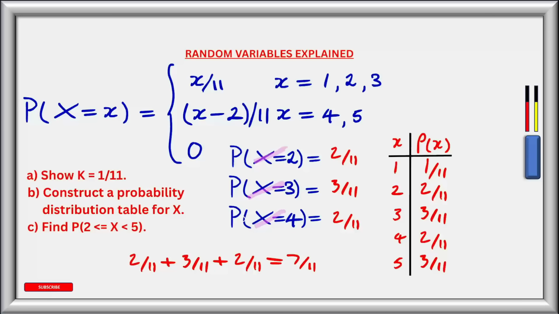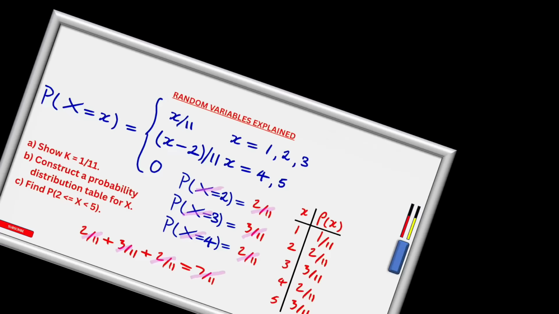And we can use our probability distribution table to pick these probabilities off. So when x equals 2, the probability is 2 over 11. When x equals 3, it's 3 over 11. And when x equals 4, it's 2 over 11. And so summing these probabilities, we have 2 11ths plus 3 11ths plus 2 11ths. And this gives us a total probability of 7 11ths.